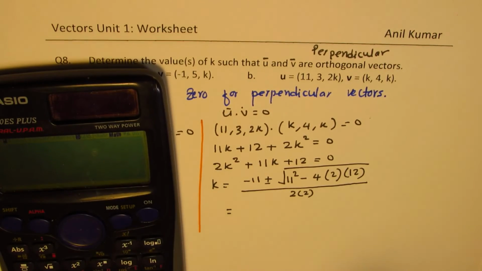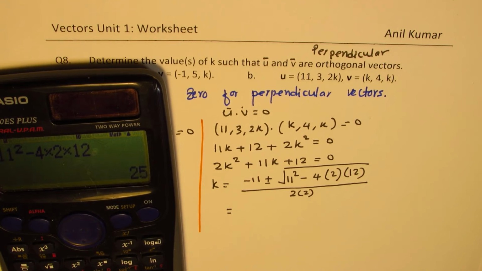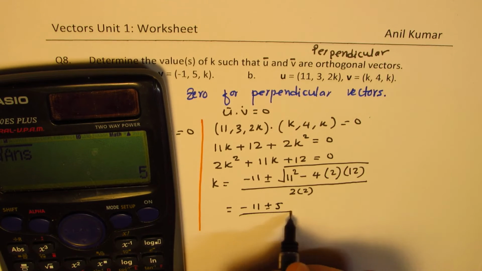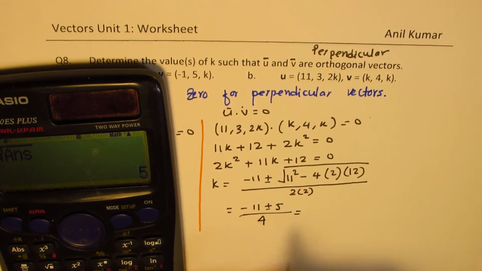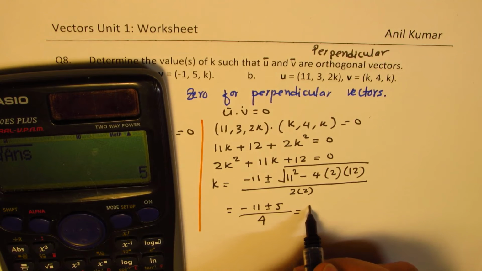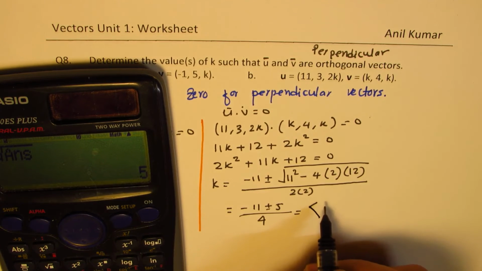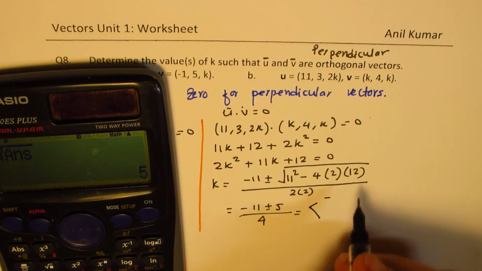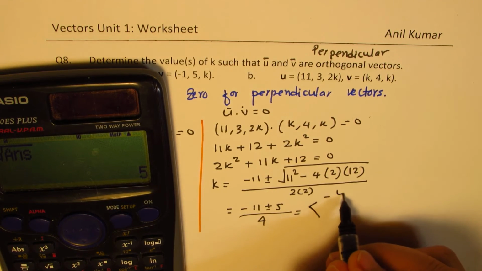Okay. So within the square root, we have 11 squared - 4 times 2 times 12, and this is a critical number, which is 25. The square root of our answer is definitely 5. So we have (-11 ± 5) over 4, right? So we have two answers here. One is negative, -16 over 4, which is -4, correct.